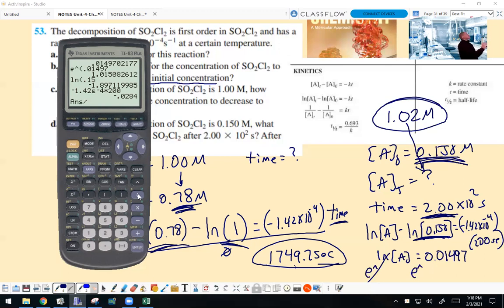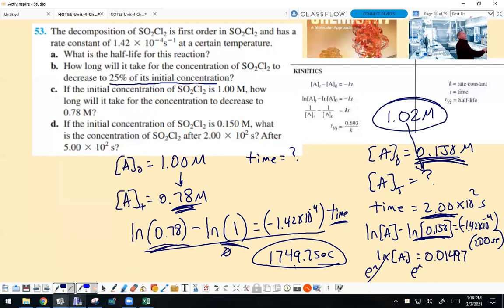Divided by negative 1.897. I think I'm hitting a button on my calculator and it's not working out right. Because it does not make sense that it would go down that far after 200 seconds when the half-life was whatever that was, 4,000 something, right? Was that what it was? Oh, so let me think about this. Something's not right though.